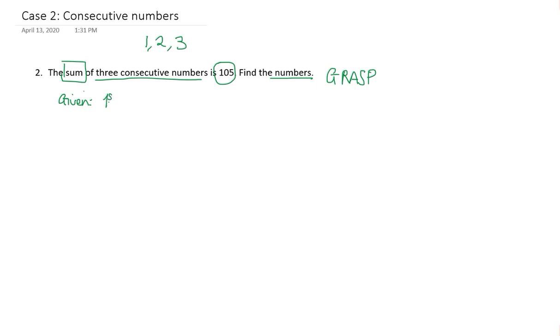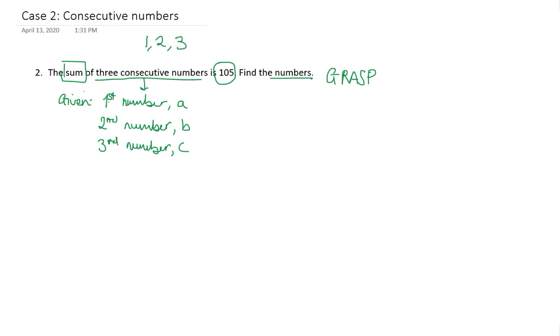We have the first number, and we're going to represent it as a specific variable. I like A, so I'm going to pick A. And the second number, which you add to A, we're going to represent as B. And the third number, we're going to represent as C, because the question says 3 consecutive numbers.